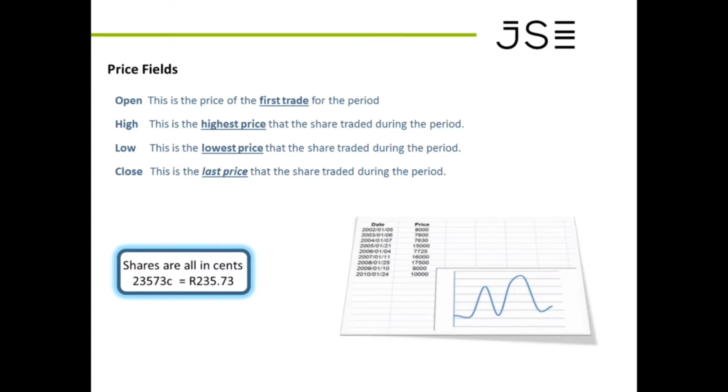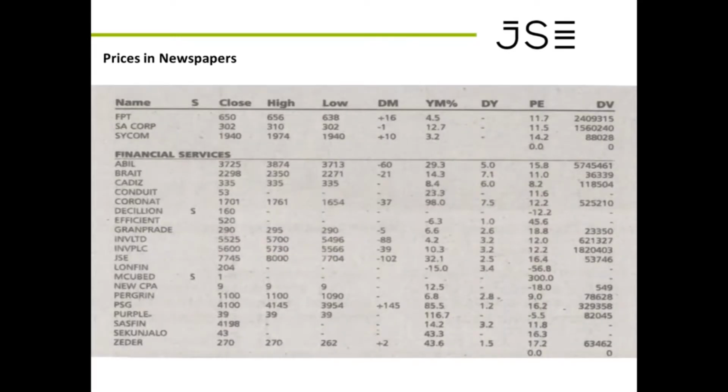Also, the different platforms, the newspapers, everything, normally display it in cents. You must convert it into rands. So here in the newspaper, you can see this is one of the newspapers, and there's the close, the high, the low, and some of the other different columns that you will get in the newspaper.